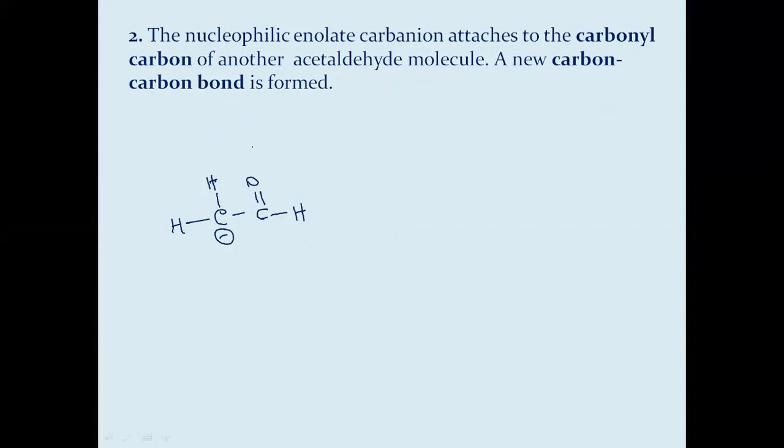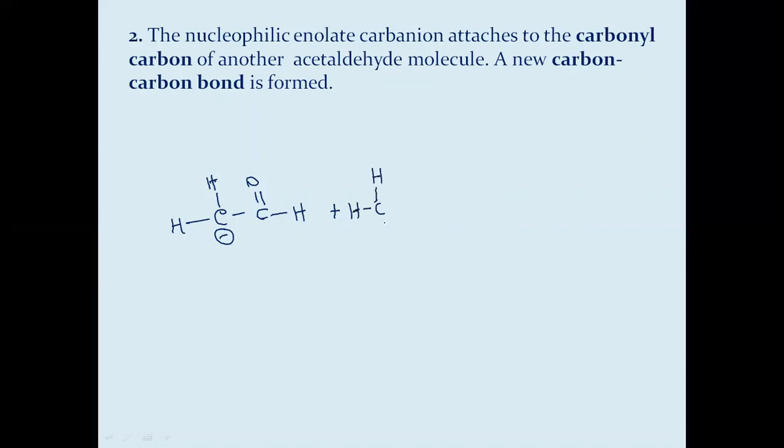So far we have only considered the first aldehyde. Now there are two aldehyde molecules involved. One aldehyde has already been converted to the carbanion because of the abstraction of the proton. So now this will attack the other molecule of the aldehyde.